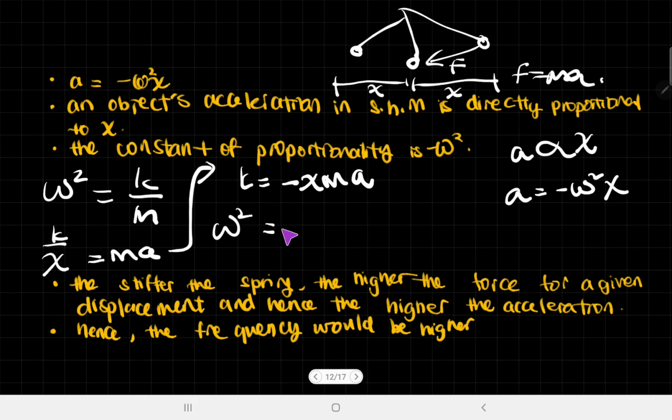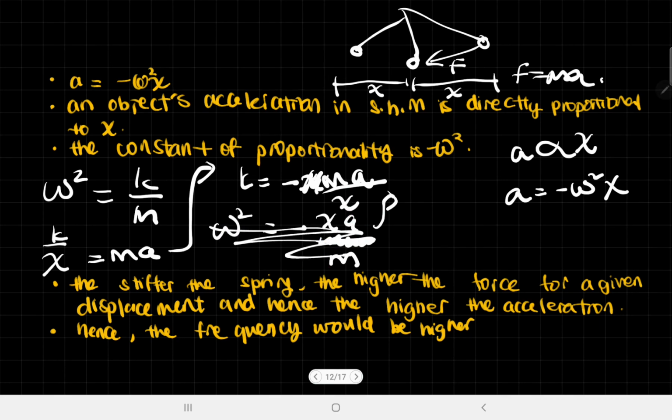We're going to get omega squared equals minus ma divided by x, times 1 over m.